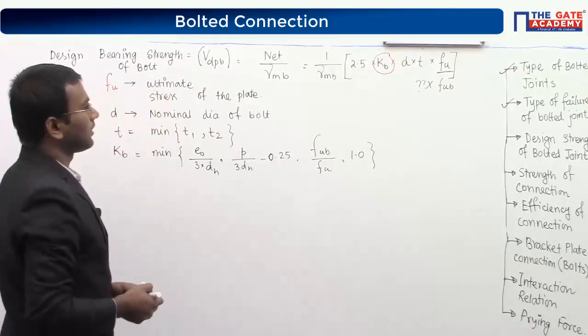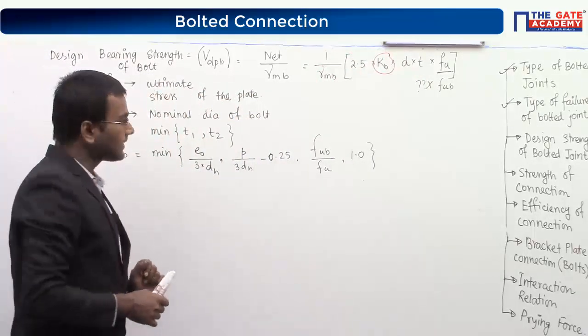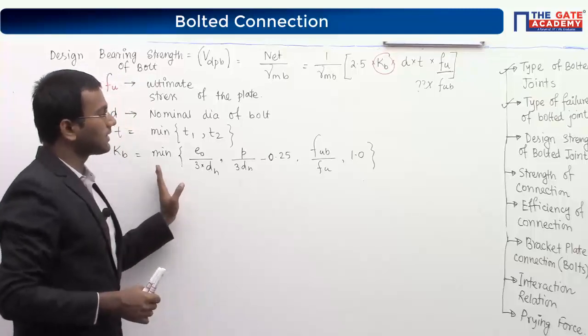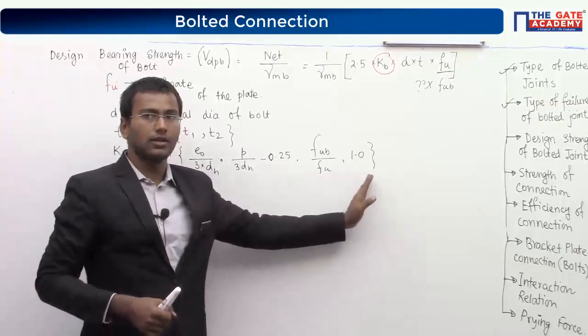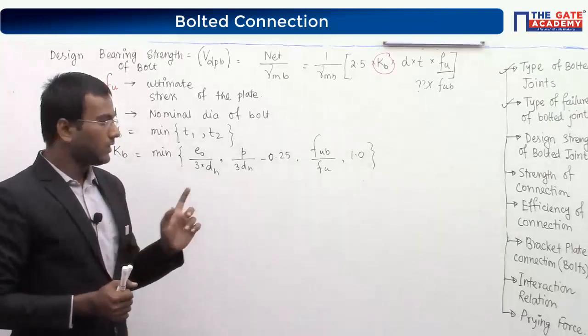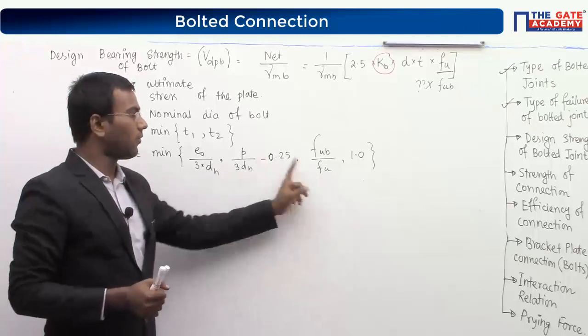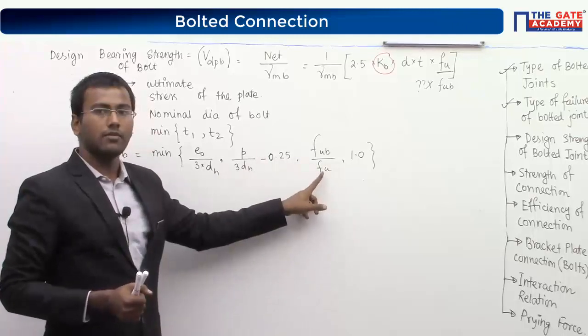Now look at the equation. There is a part which is the value of Kb. Kb is the minimum of these four values I have given. It means this Kb value can also be this one, among these four cases.